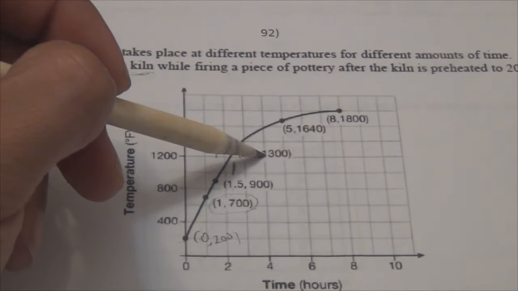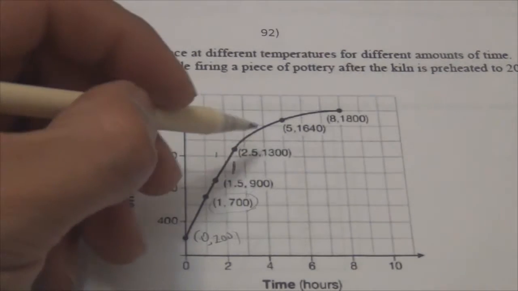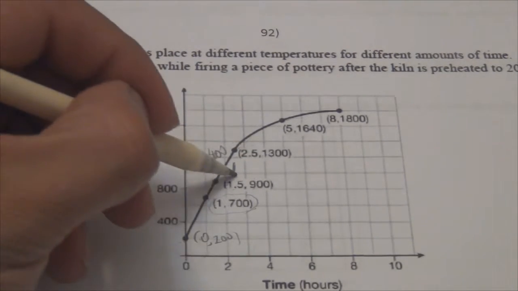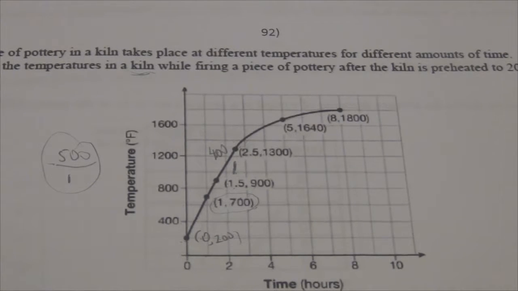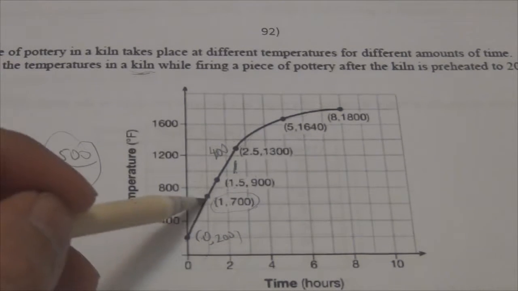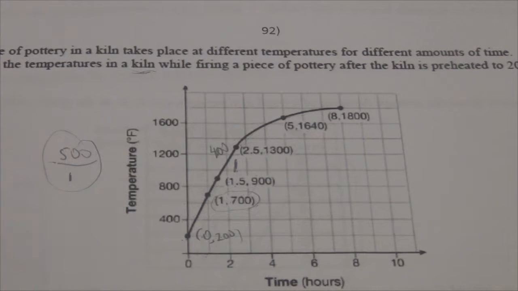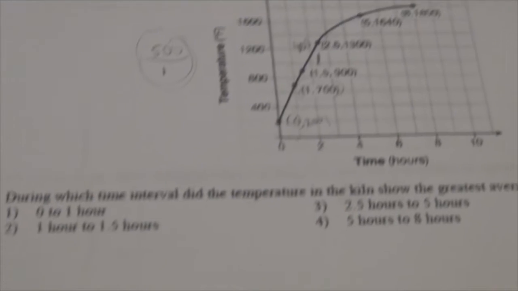That's an increase of 400. So 400 over 1. So now you should understand that from 0 to 1 hour was the greatest average increase in temperature. So choice number 1 is the answer.